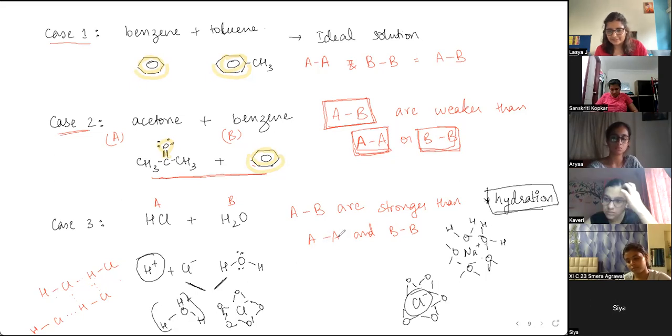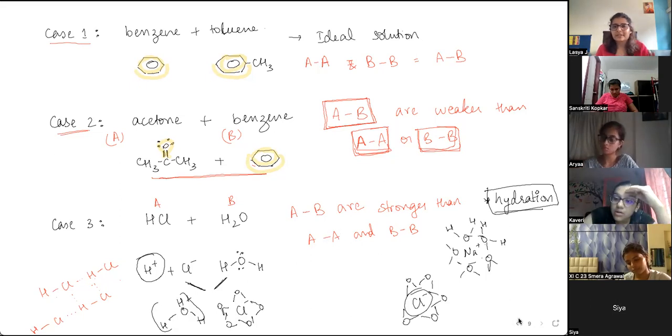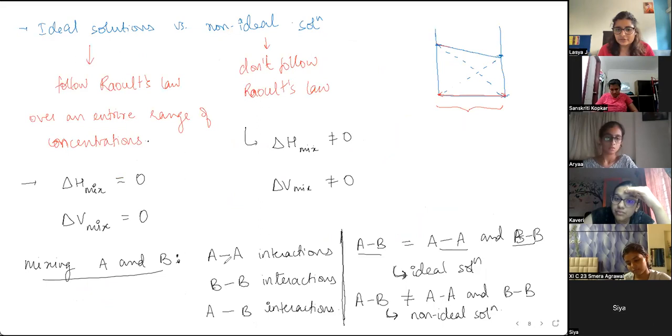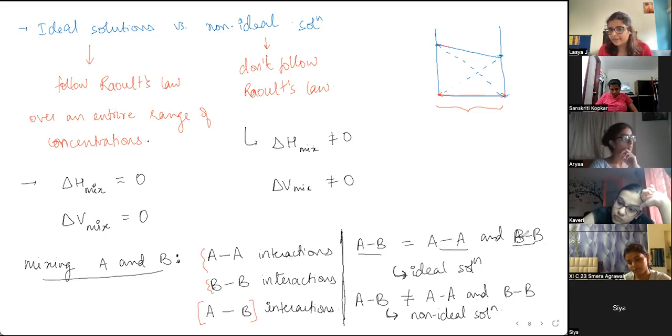Okay. But essentially, this is the concept. It all depends on individual interactions versus interactions in a mixture. If AB interactions are stronger, if A and B attract each other more than they would as individual AA and BB, or if they attract each other less, if they were repelling each other compared to AA and BB, then you get non-ideal solutions.